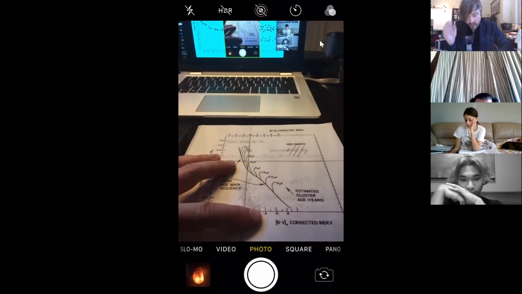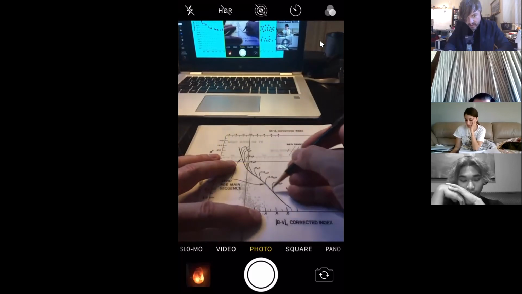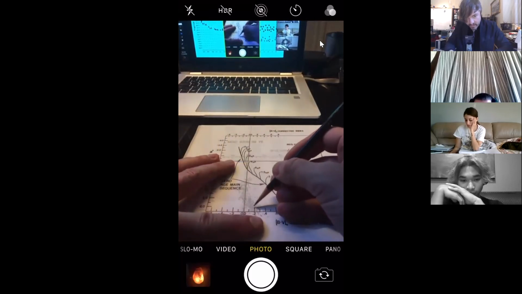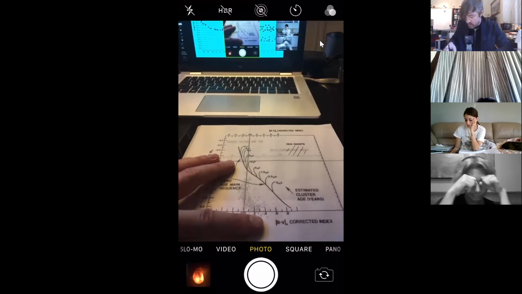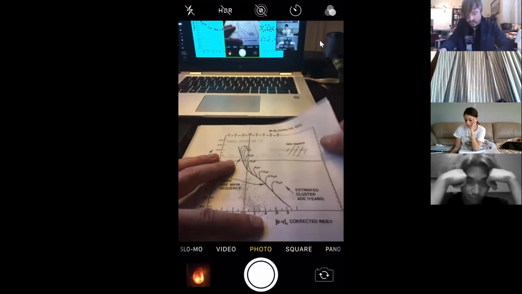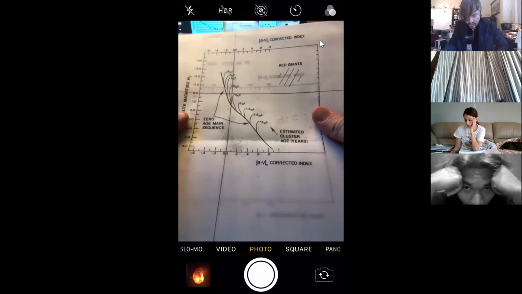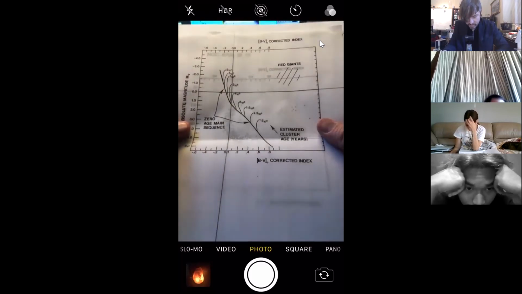Okay, notice that my theoretical main sequence is up here. My observed main sequence for this star cluster is down there. This is probably an older, well, we'll see how old it is in a second. I'm now going to slide this tracing paper down until I get a good fit.